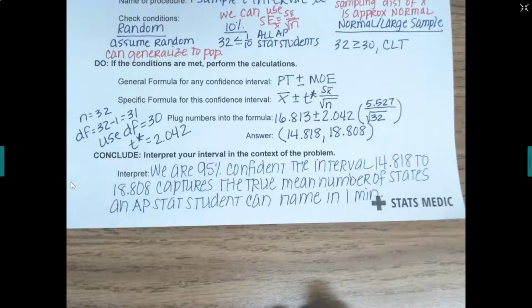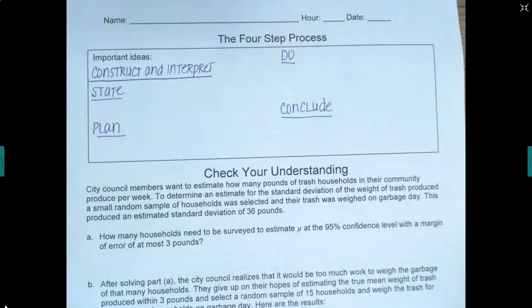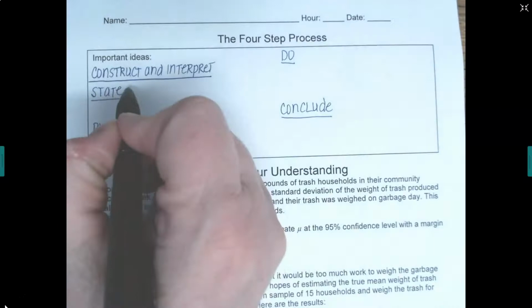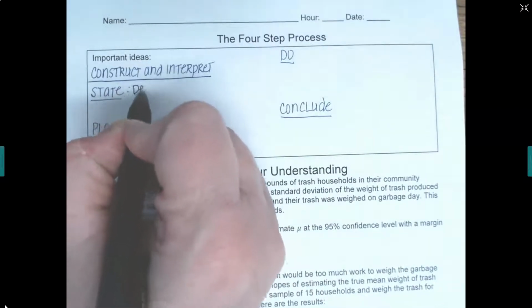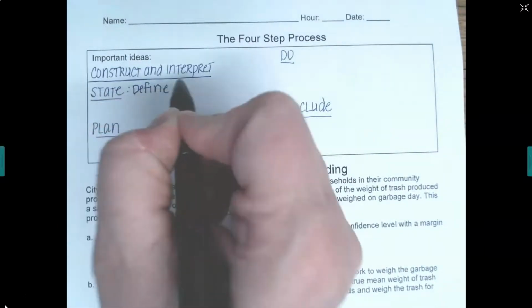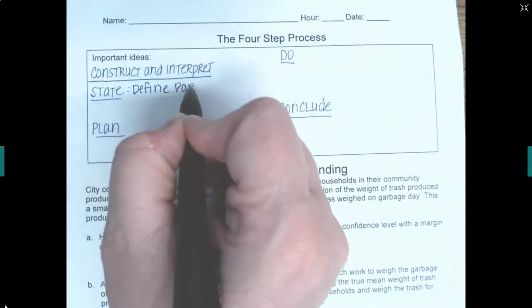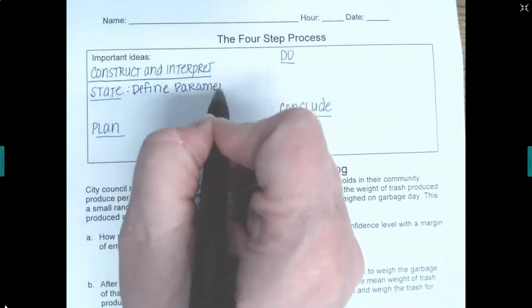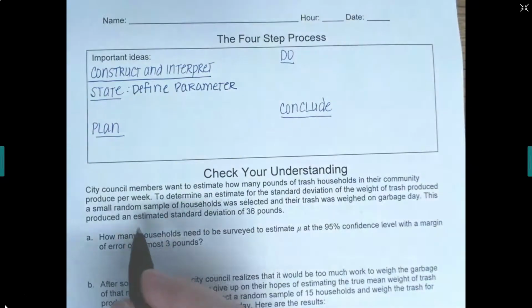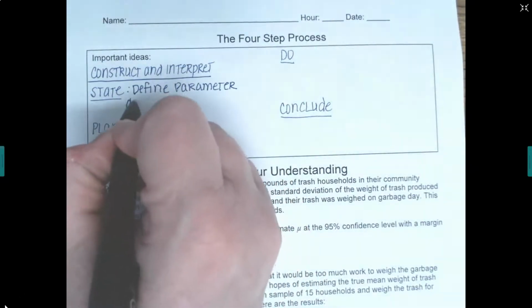All right, so let's take a look at the back of this to summarize what we've got going on. For our four-step process, state, plan, do, conclude, for our confidence interval for means, in our state section, you want to define your parameter. And you want to name your confidence level.